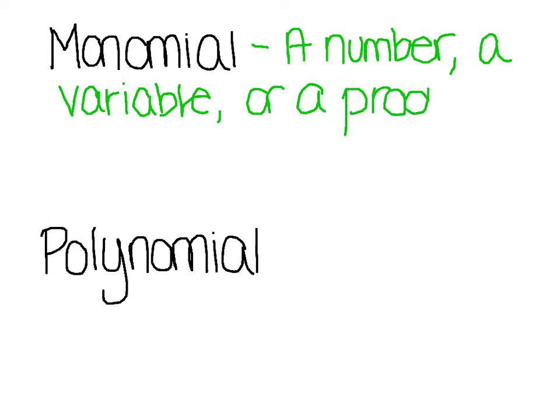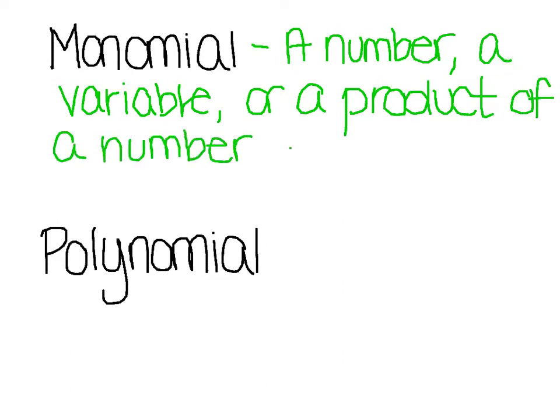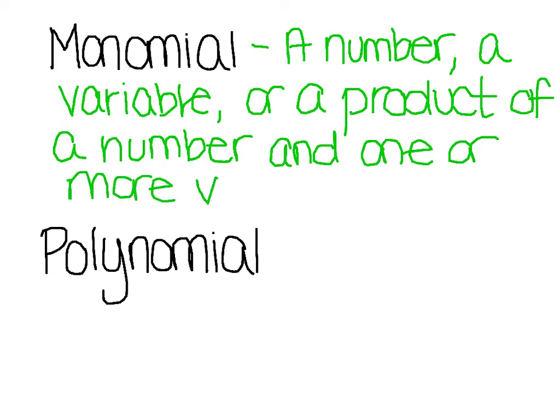Remember, that means multiplication of a number and one or more variables. So a monomial can be a number, it can be a variable, or it can be a product of those two things, a product of a number and a variable.